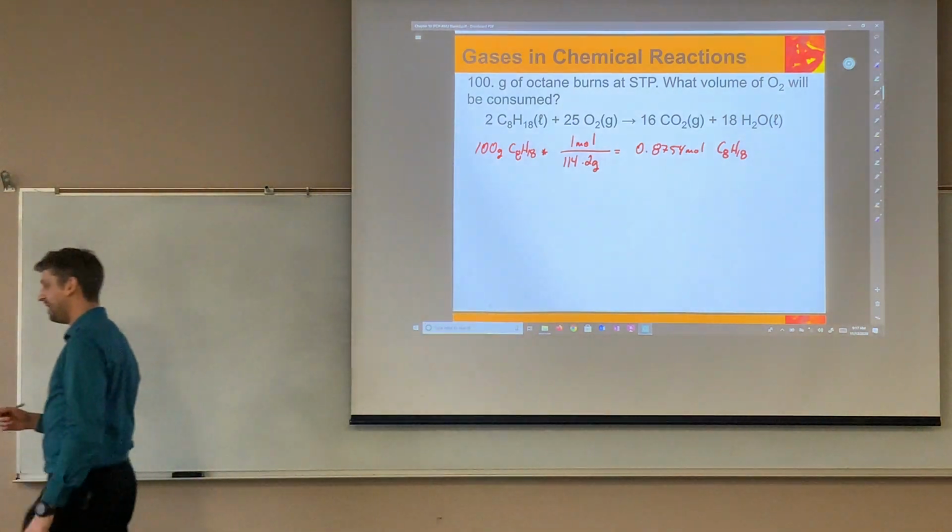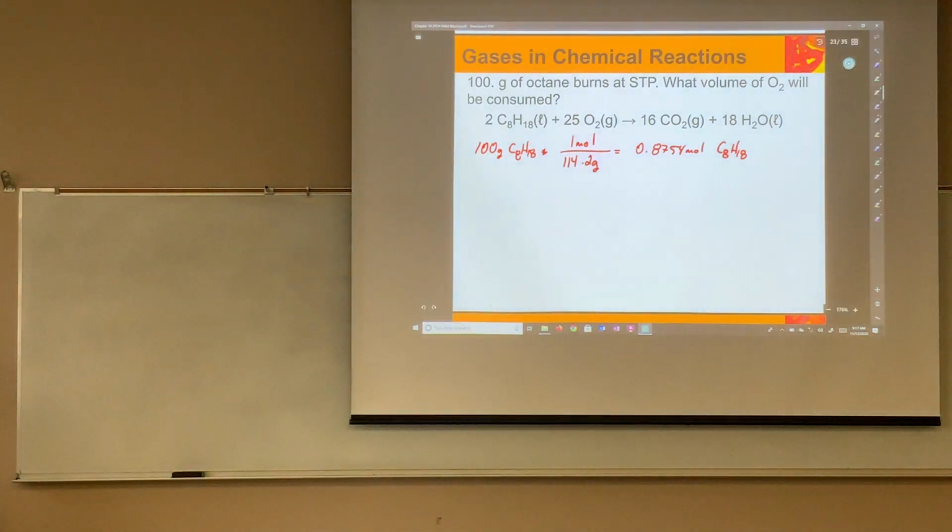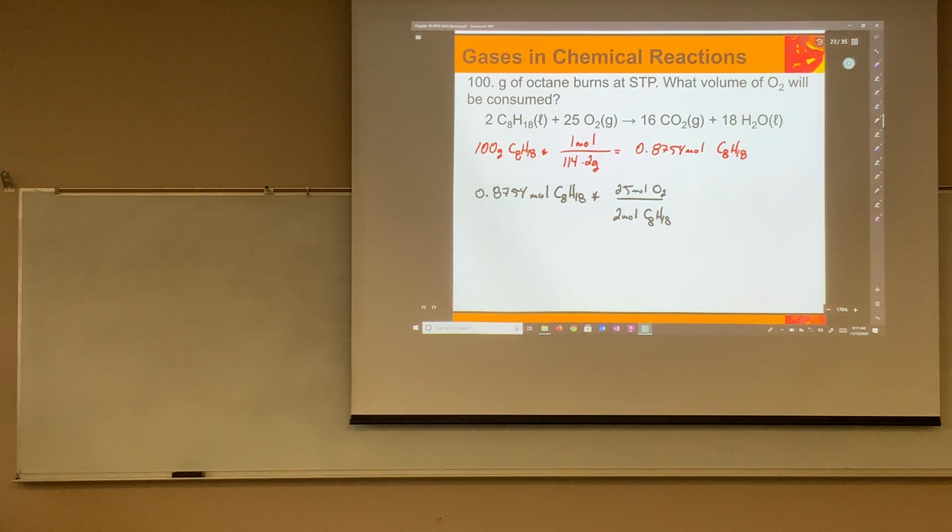So, 0.8754 moles of our octane. For every 2 moles of octane, I need 25 moles of O2, right? That gives 10.94 moles of O2.